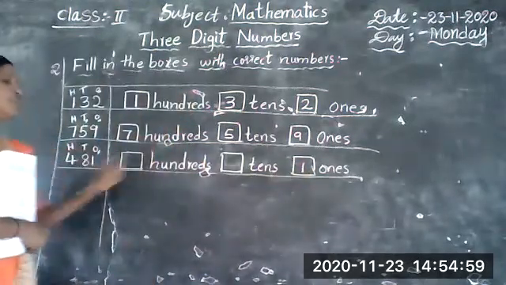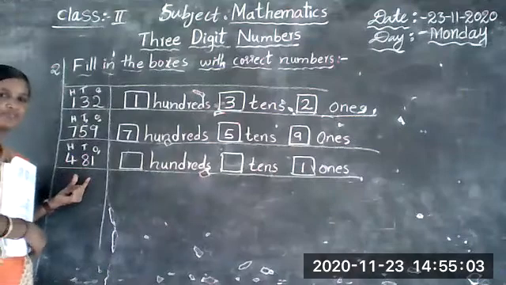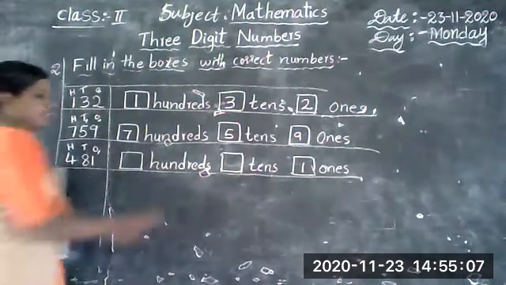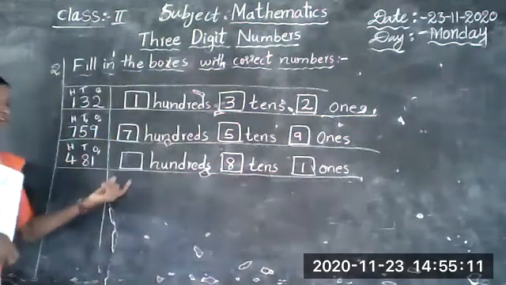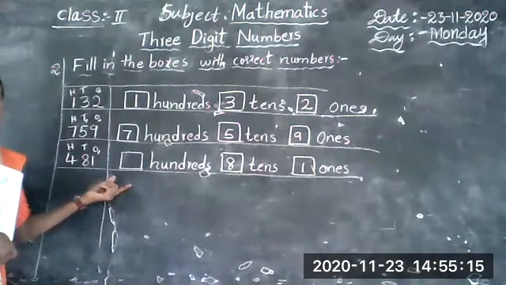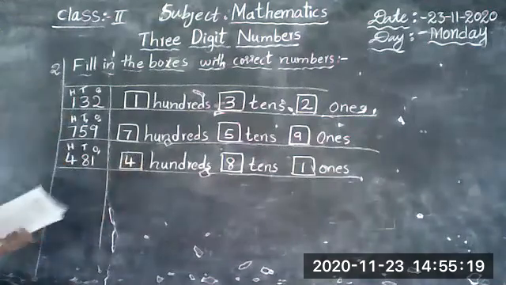Next, how many tens are there in this 481 number? Very good. 8 tens means 80. How many hundreds are there? 400. Very good.